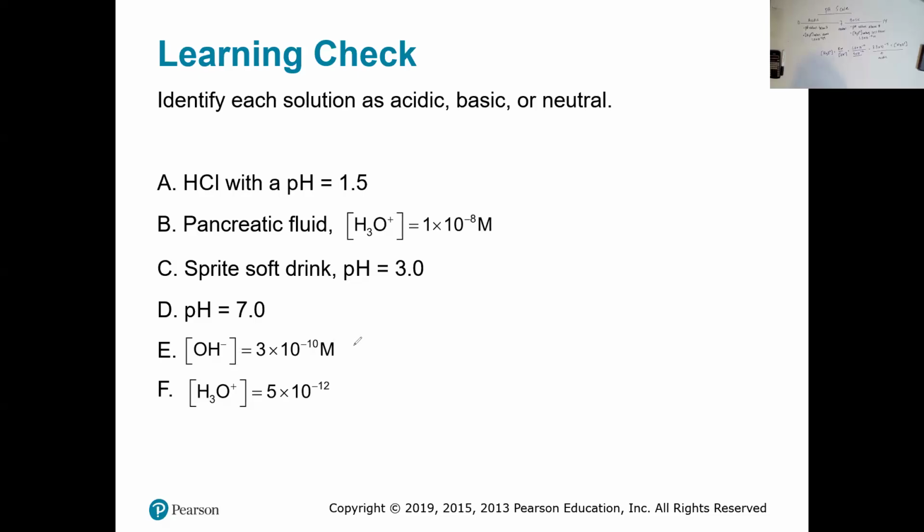So this one is also going to be acidic. That was neutral, acidic, basic, and acidic. And then for our last one, our H3O plus is 5 times 10 to the negative 12. That number is definitely smaller than 1 times 10 to the negative 7. So this is going to indicate a basic solution as well. Okay.